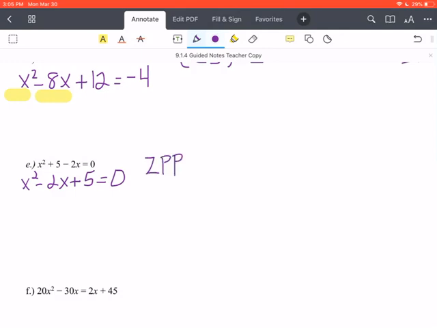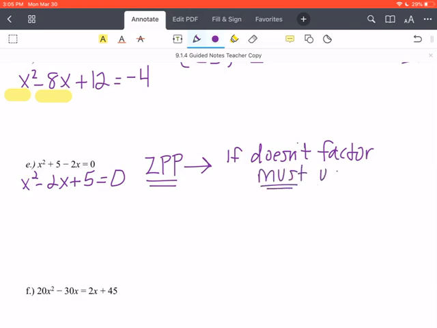Now, I do want you to try ZPP, but don't be the person that if it doesn't factor, you just say no solution, because that's not necessarily the case. So we have to remember, if it doesn't factor, we must, that's no choice, use another tool.